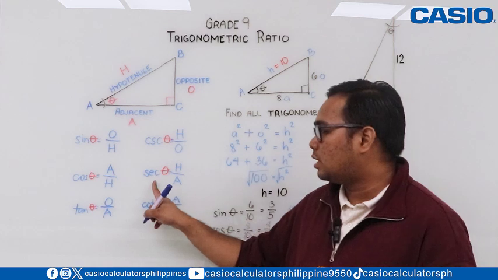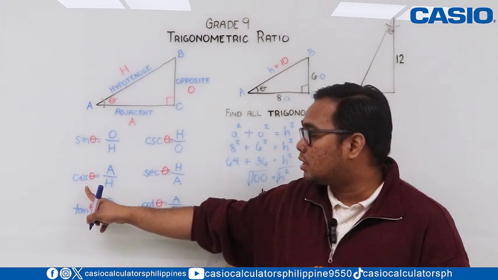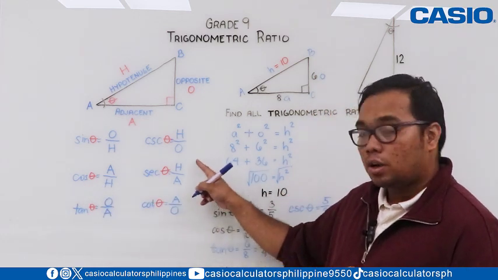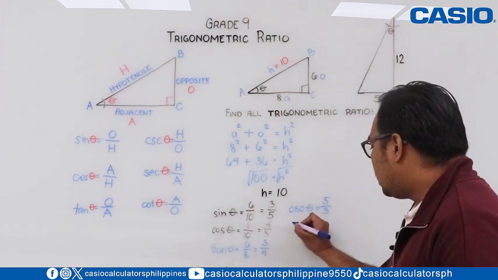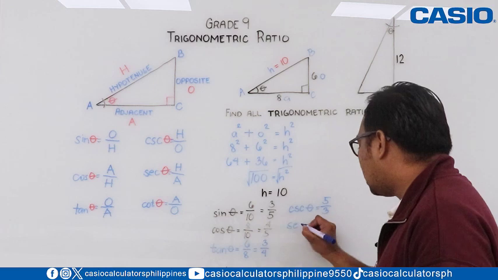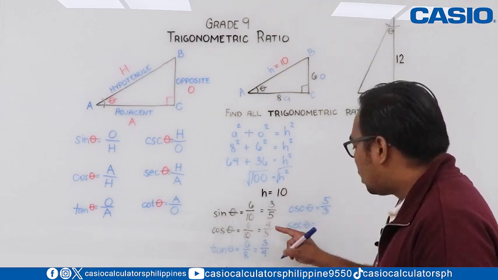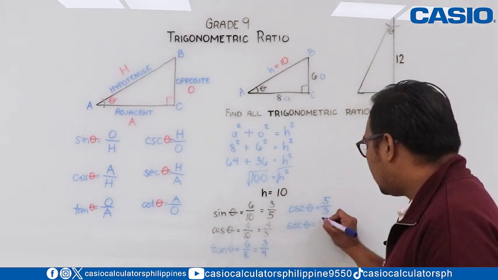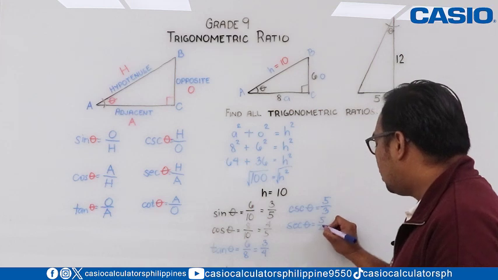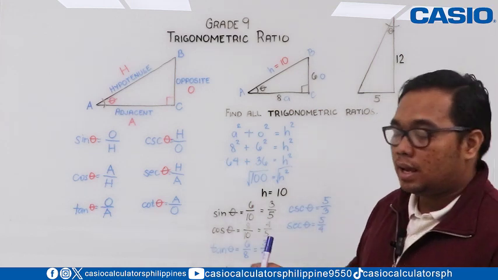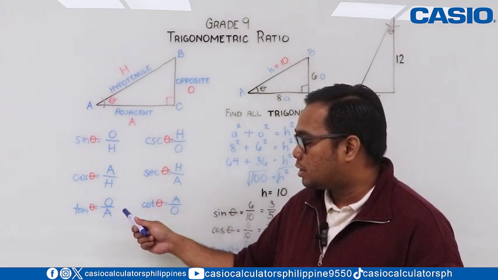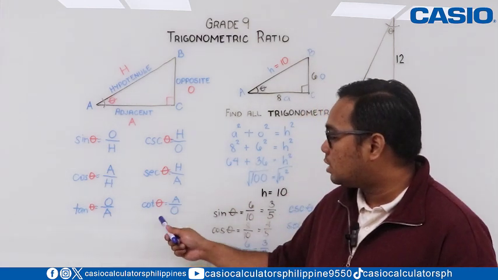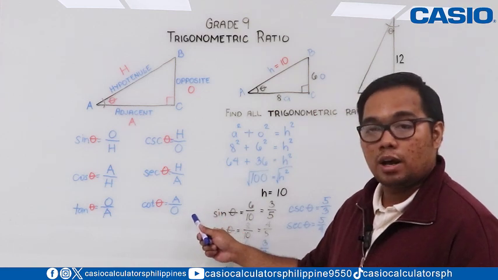While secant theta and cosine theta are both the reciprocal of each other, A over H and H over A, we can say that secant theta is the reciprocal of 4/5, which is 5 over 4. Same thing as our tangent and cotangent. Tangent is opposite over adjacent and cotangent is adjacent over opposite.